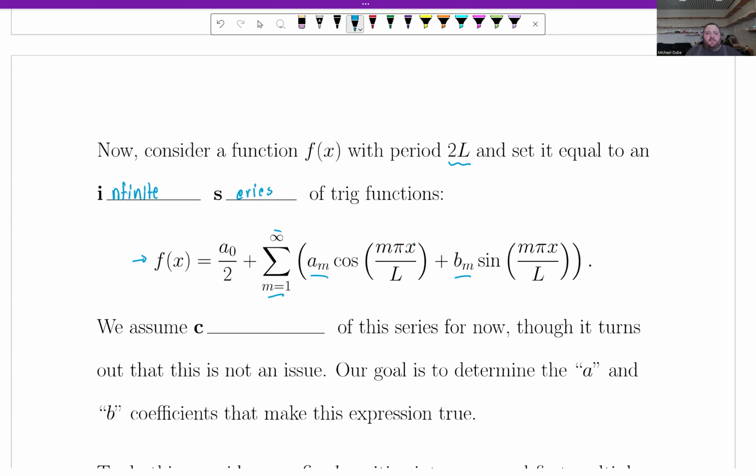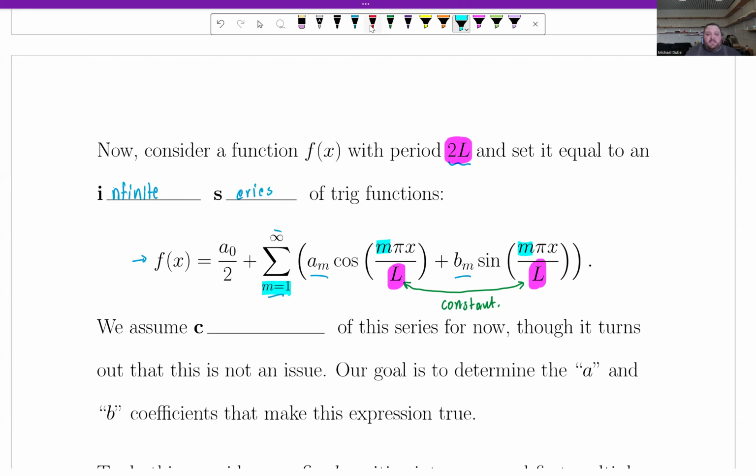We can kind of wrap our heads around this, but let's talk a bit about what's going on here. Okay, so here we have L. This is a constant, and we know that our period up here influences this L value, right? So whatever our 2 times something is, that something goes into all of these. Okay, good. And then we notice that m right here is the same value that we have inside this sum.